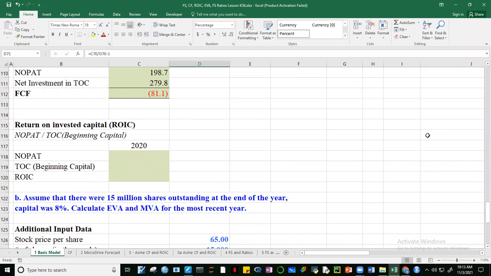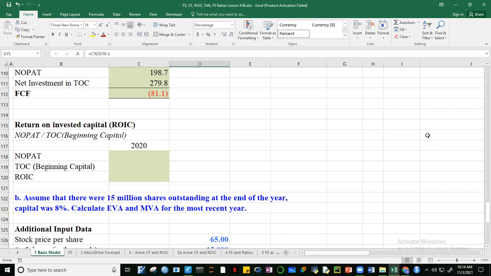So we now ask the question, did the operations, did management provide value, increase the value of the shareholders? That's a very valid question. So how do we answer that? We have been talking about creating value for the shareholders, optimizing the market price.